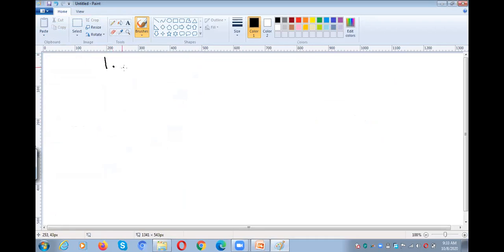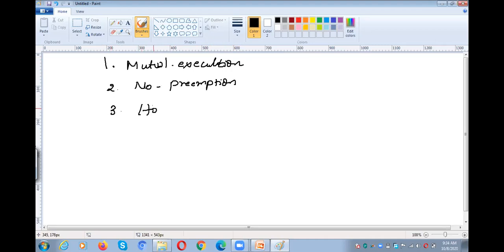First one is mutual exclusion. Very important, mutual exclusion. The second one is no preemption. The third one is hold and wait. The fourth one is circular wait.